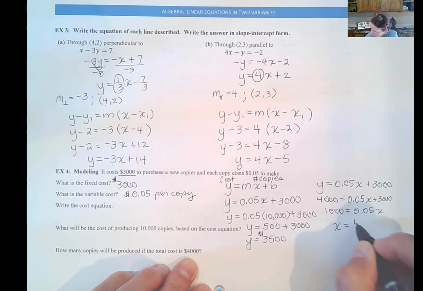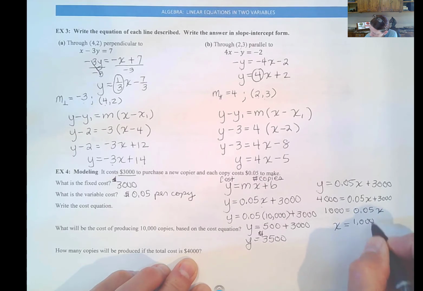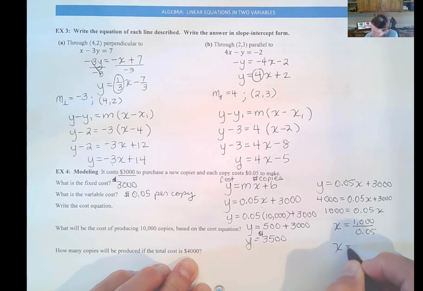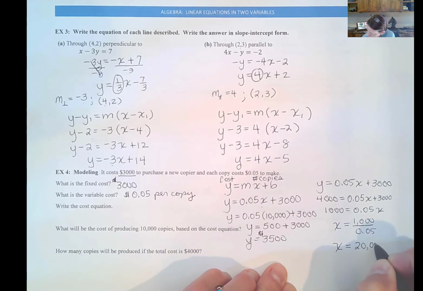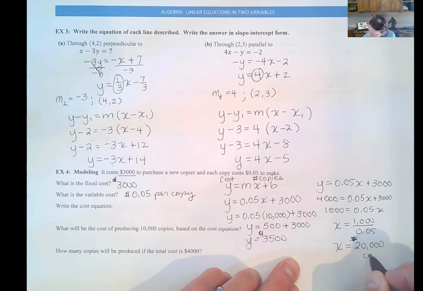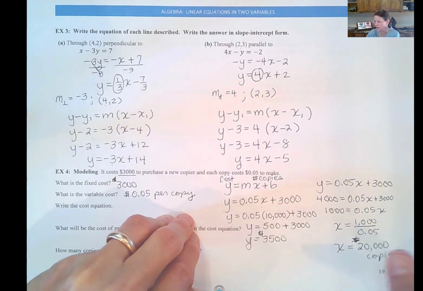So you're going to be dividing 1,000 by 0.05, and that's going to give you 20,000. Oop, that's not dollars, that's copies. If 20,000 copies are made, then the cost is going to be $4,000. So there's our nice application of a linear equation.